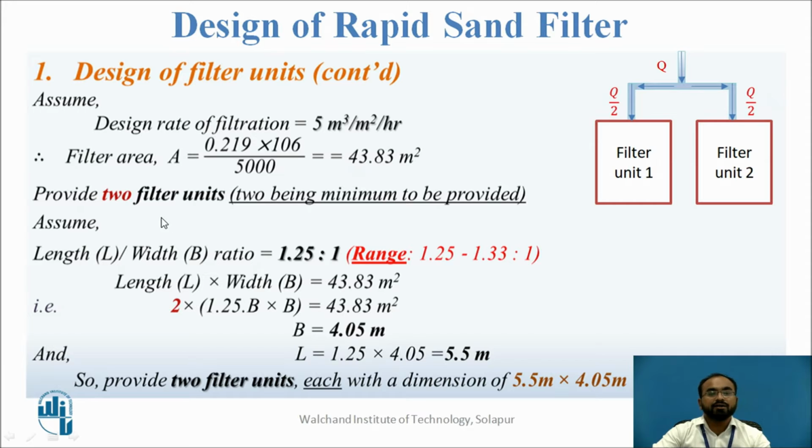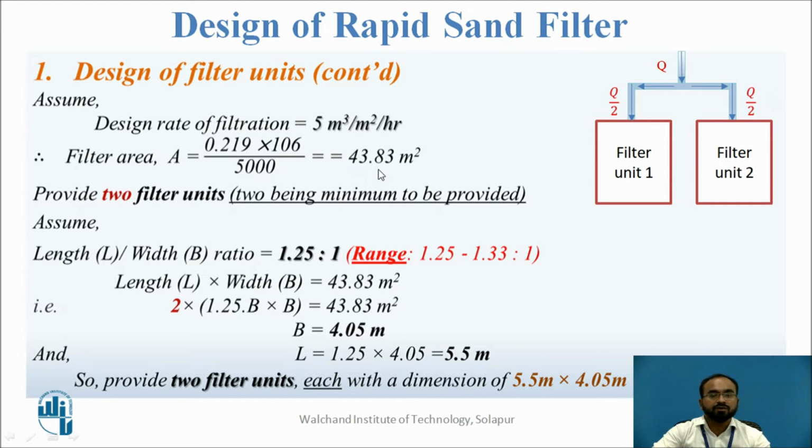We have to provide 2 filter units for this area. We must provide a minimum of 2 filter units, so that if one fails or has maintenance issues, the other can be run for an emergency condition. In this fashion we also divide the discharge. For a particular area, we have to divide and provide filter units with respect to the design discharge.